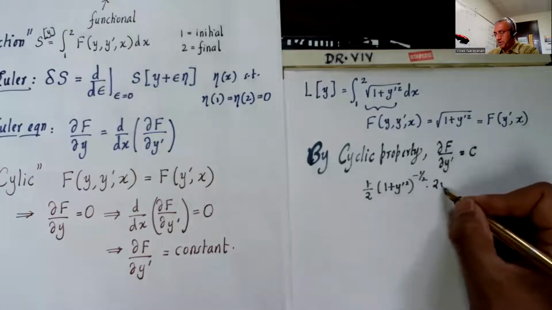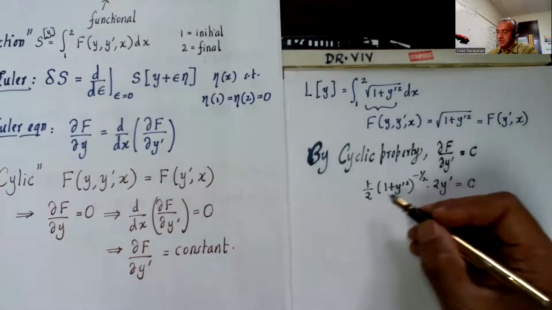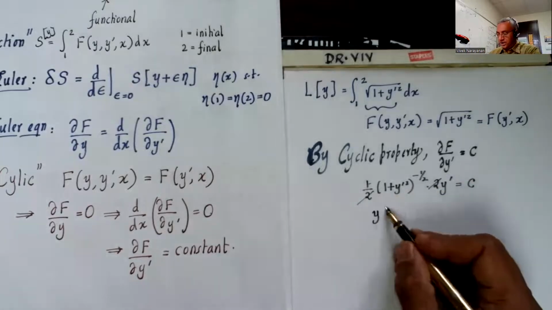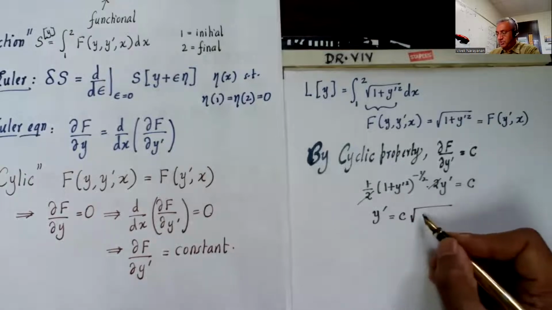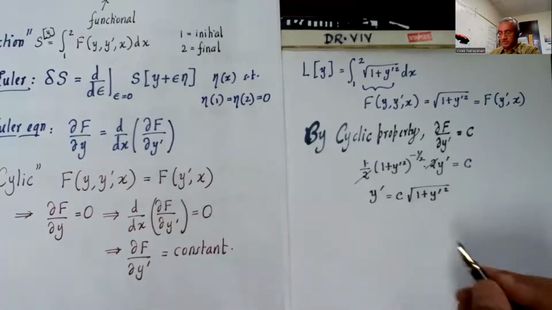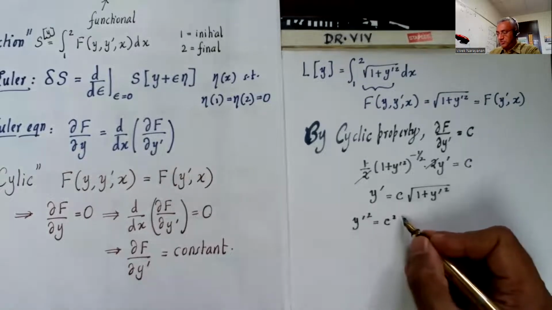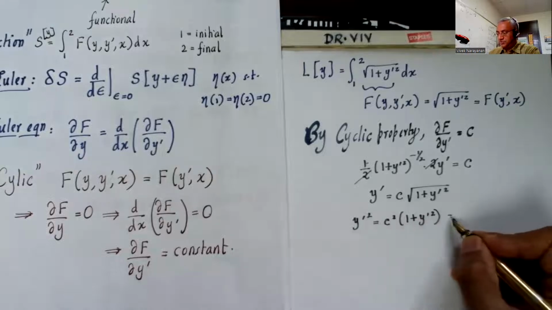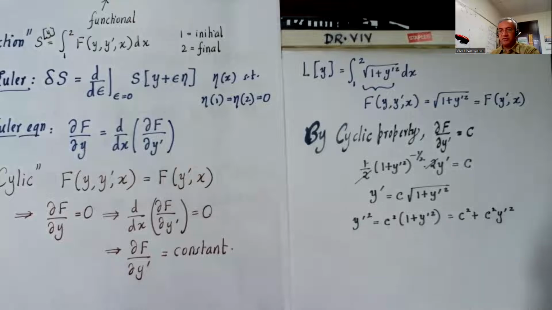So I get 2y prime equals c. The 2 cancels out. I can solve for y prime by moving this to the other side. So I get y prime equals c times the square root of 1 plus y prime squared. Now I square both sides. So I get y prime squared equals c squared times 1 plus y prime squared, which is c squared plus c squared y prime squared.